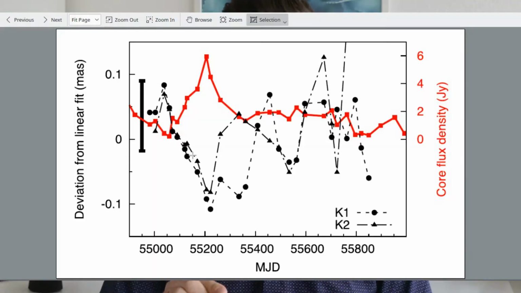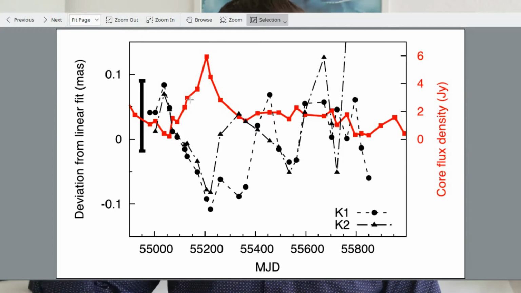Another thing to note is that when the core moves downstream, its flux density rises. It could be naturally explained if there is a single blob of plasma carrying large values of particle density that comes from an ejection process somewhere near the black hole and propagates downstream the jet, and then comes to the region where the parent core is.